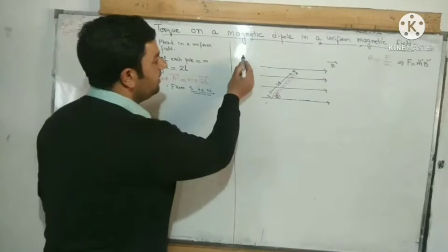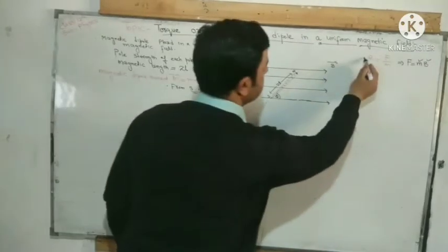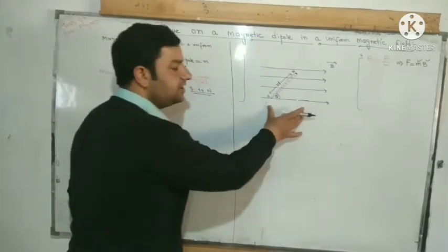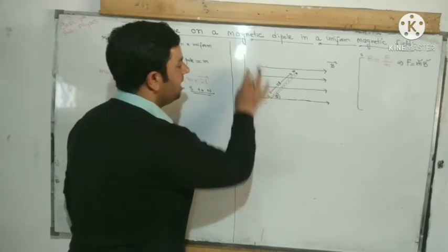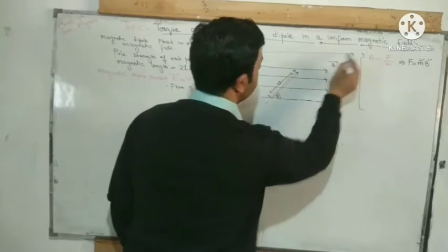Here, this is the north pole and this is the south pole of the magnet. The direction of the magnetic field is from north to south.